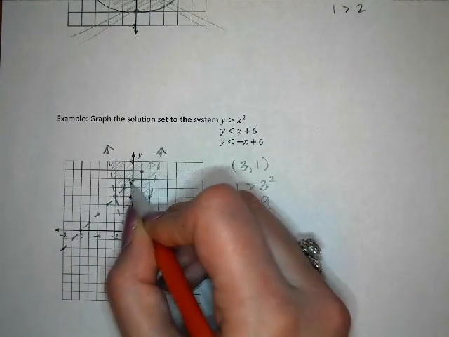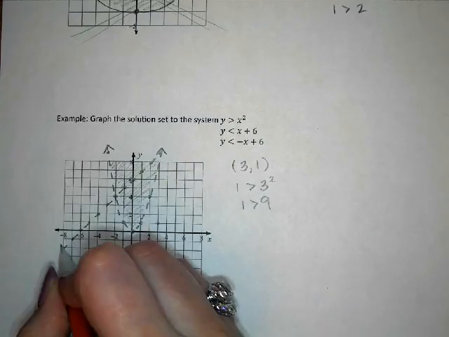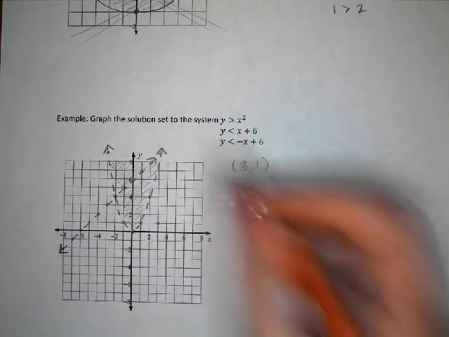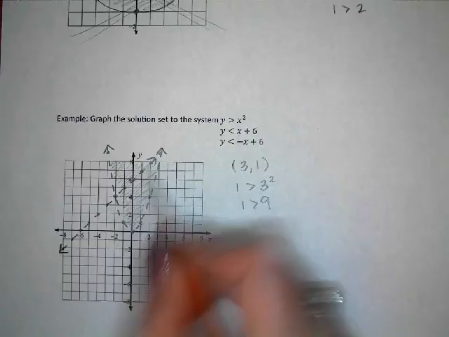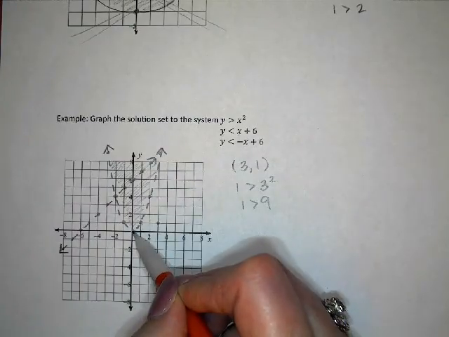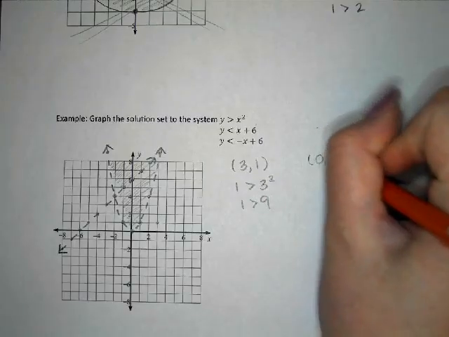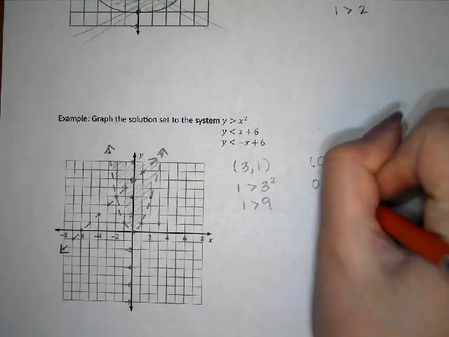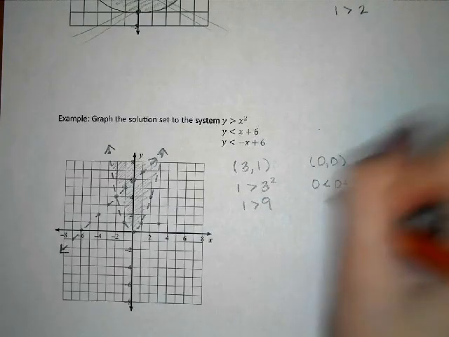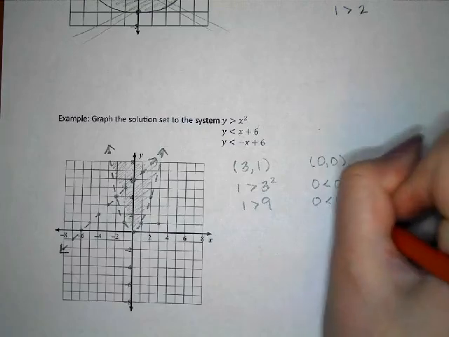And for this line, I could use the point (0, 0) because it's clearly below the line. So I'm going to go ahead and use that point. 0 is less than 0 plus 6. 0 is less than 6, which is true. And so I'm going to shade this way.